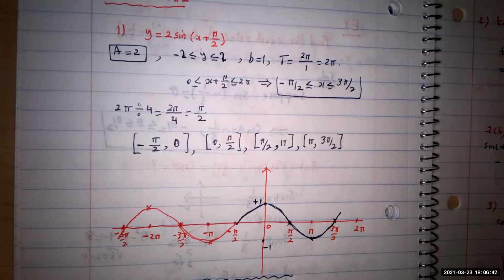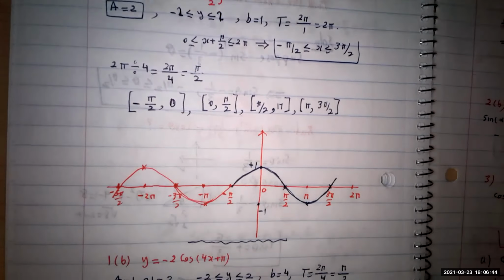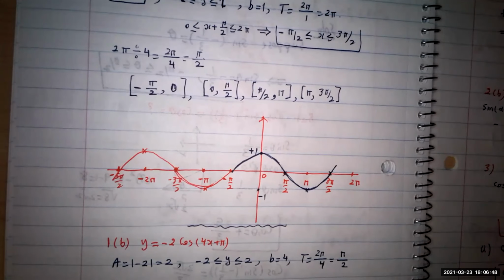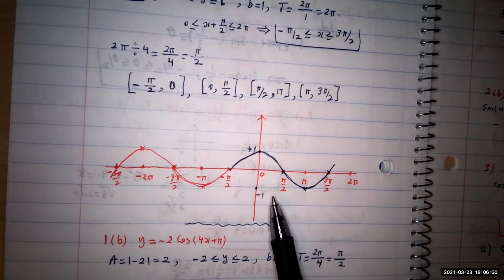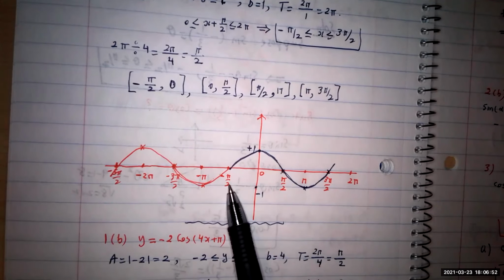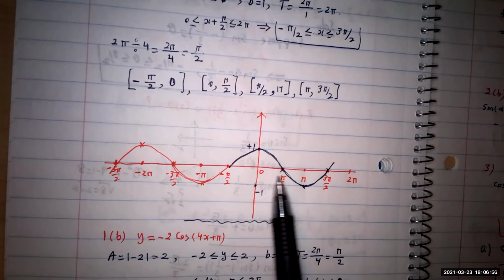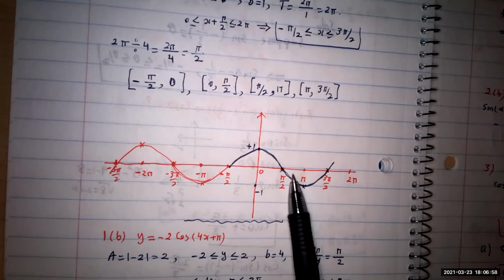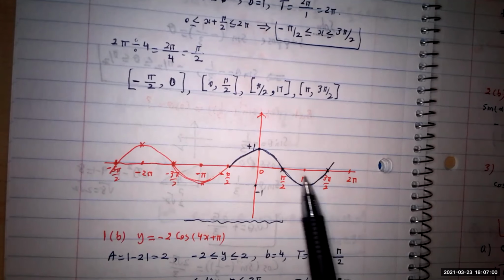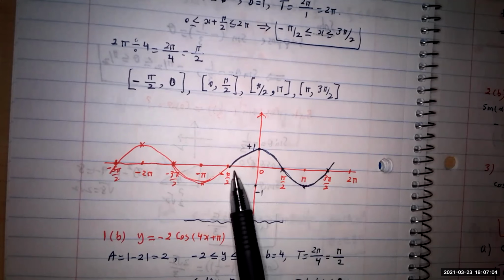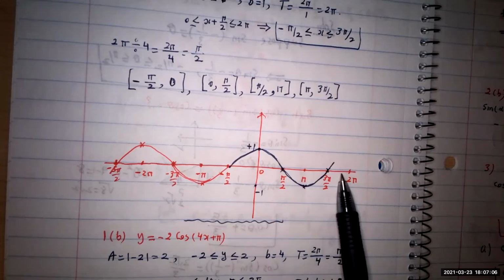You see, this is the difference between this type of problem and the original one that we did. You pick one period between negative pi half and 3 pi half, divide into 4, and each interval would be pi half.